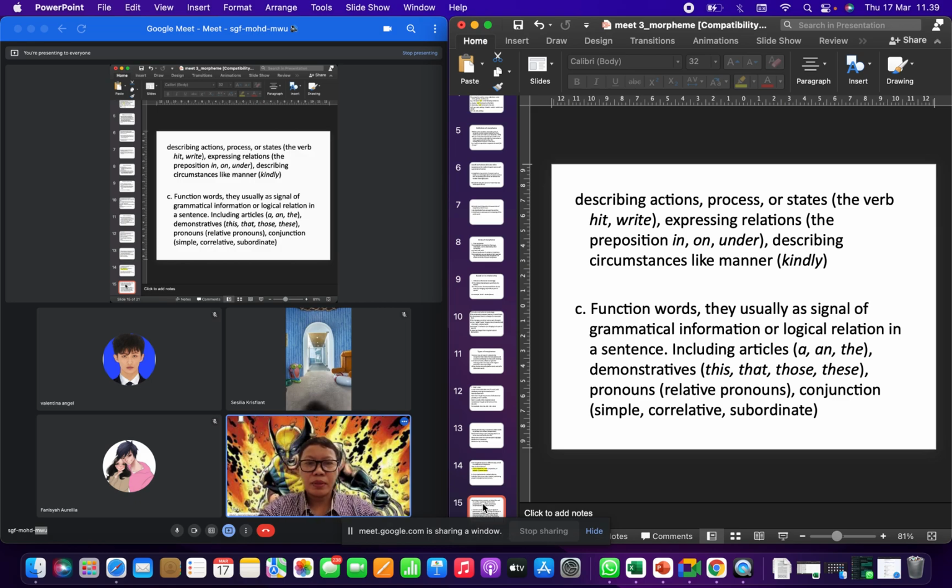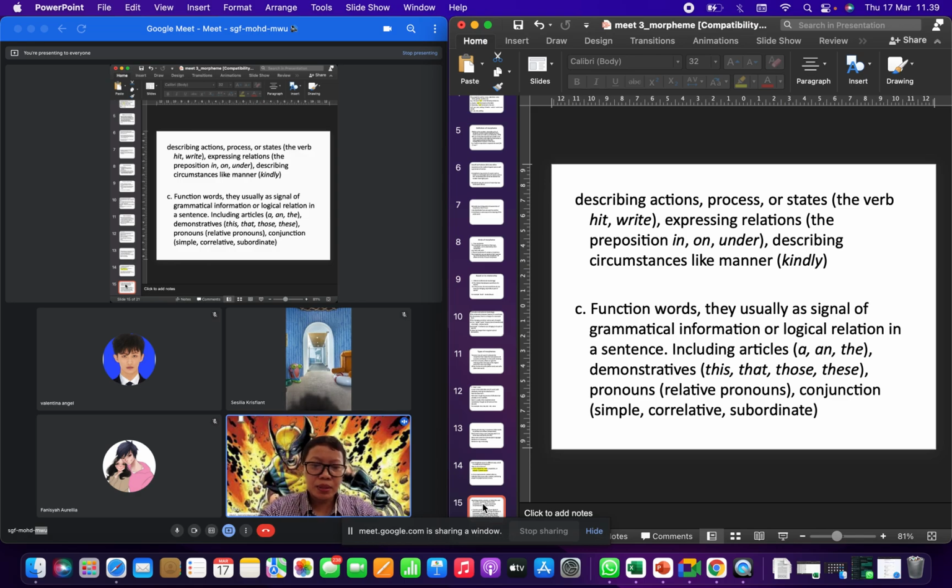Hit expresses action, write expresses process, or when I say I'm going to use be, it expresses state. And it also expresses relations, such as the prepositions in, on, or under, and also describes circumstances like manner, such as the morpheme kindly.